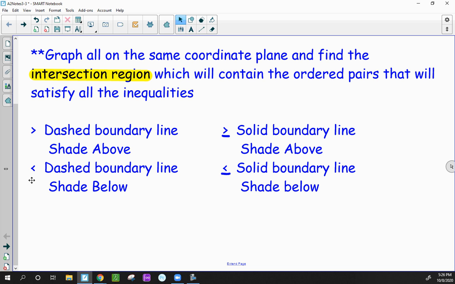If the symbol is less than, shade below, and it's going to be a dashed boundary line. If it's greater than or equal to, make the boundary line solid, and you're going to shade above. Less than or equal to makes it solid, and shade below.